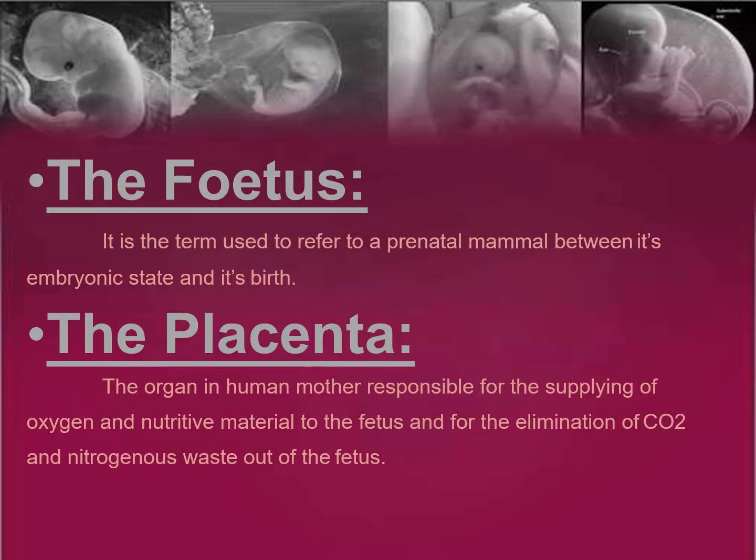So now let us see the fetus. The term fetus is used to refer to the prenatal mammal between its embryonic state and its birth. That is, before the birth, the baby will be called a fetus. The placenta is the organ which supplies oxygen and other nutritive material for the fetus, and it helps in the elimination of carbon dioxide and other nitrogenous waste materials from the body of the fetus.